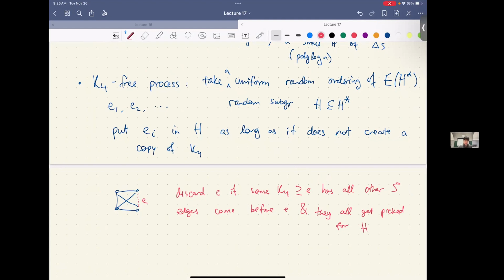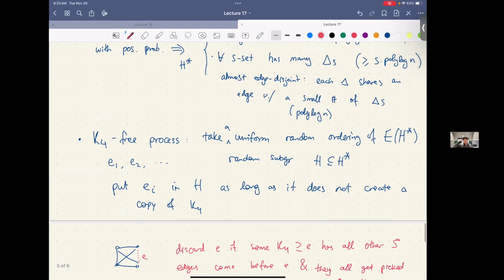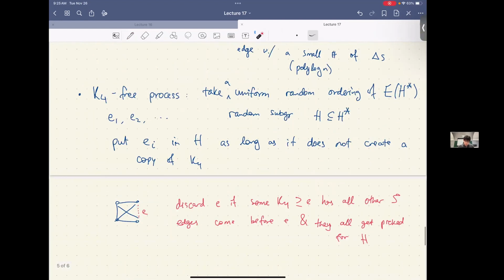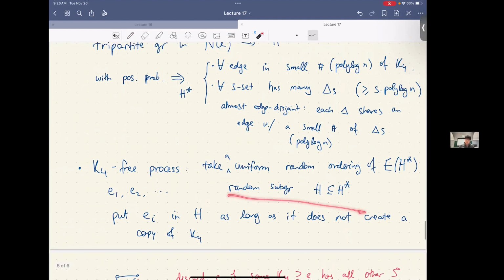Simple thing. Then one can check that doing this K4 free process, first of all, even though this is a random graph, with probability 1 the resulting graph is K4 free. We don't keep any K4, right?